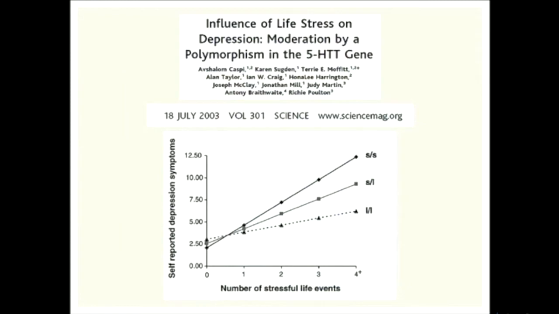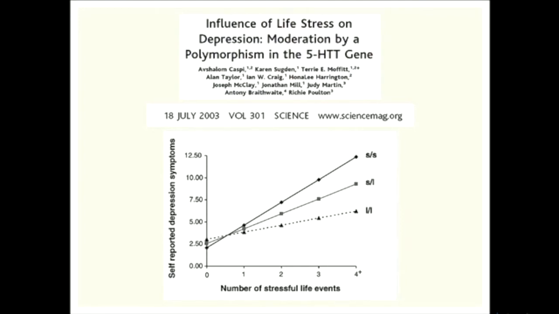One of the best examples, and one that's still controversial, is in psychiatry, where a study in 2003 by Caspi et al. was published in Science and received quite a bit of attention and interest, because it was a study of polymorphism in the promoter region of the serotonin transporter gene and its effect on modulating the effect of stressful life events on depression.